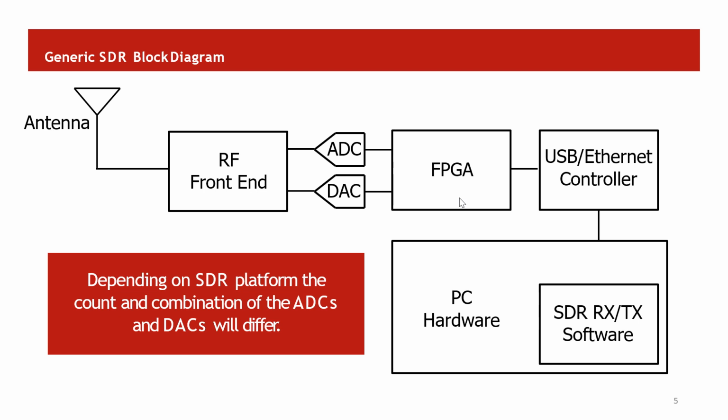Depending upon the platform, the count and combination of the analog to digital and digital to analog converters will differ. A very small and cheap SDR will have fewer, and a high-end professional one like USRP will have more.